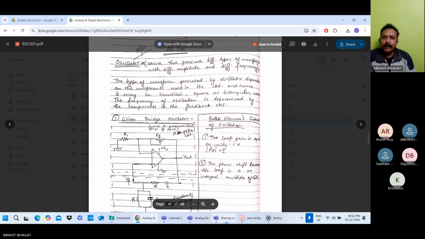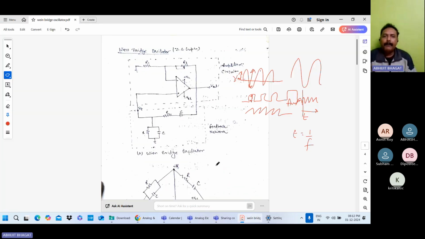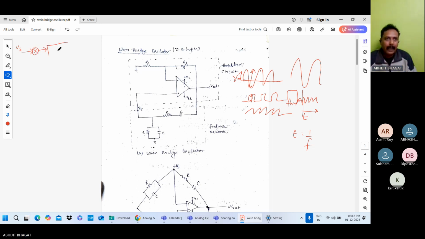Now, if you remember, previously I discussed the feedback network, feedback amplifier. In case of feedback amplifier, this is the input signal voltage Vs. There is the amplifier with gain A, amplifying circuit. There is the output V0.